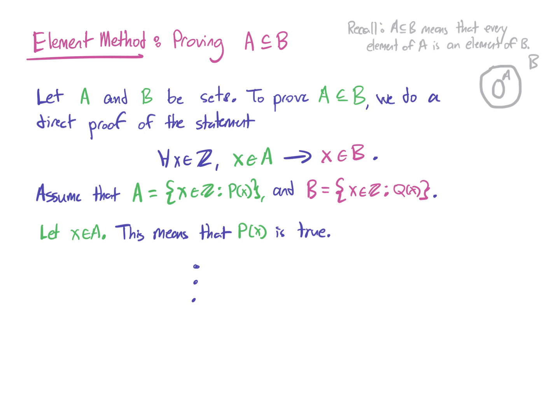Remember that what I want to say is, therefore, x is an element of B. That's where I want to land. And in order to get there, whatever I do above needs to show that Q of x is true. That's the definition that corresponds to my conclusion.